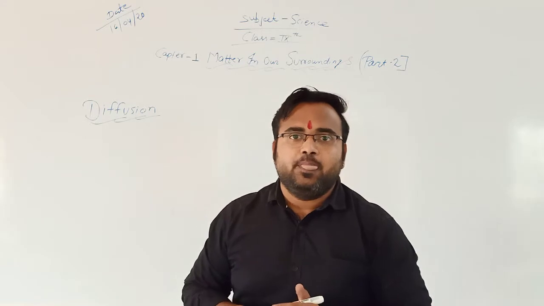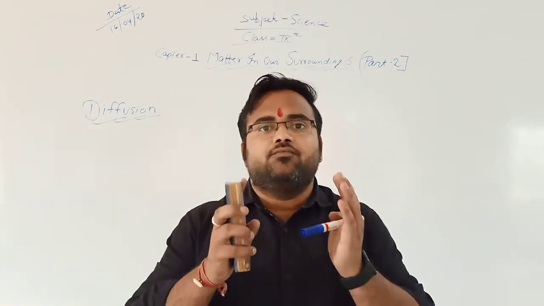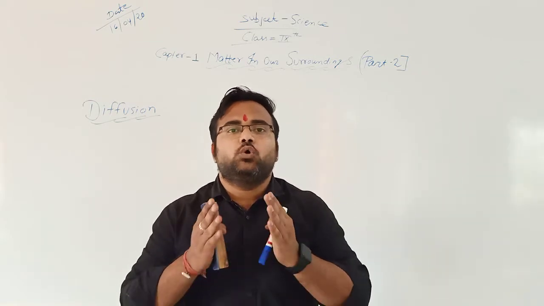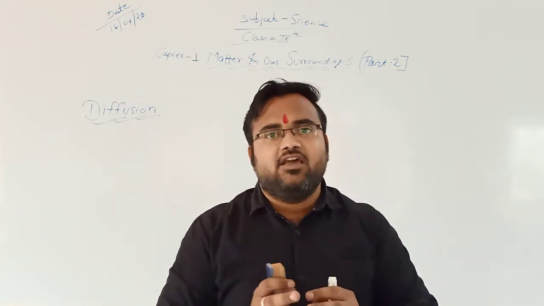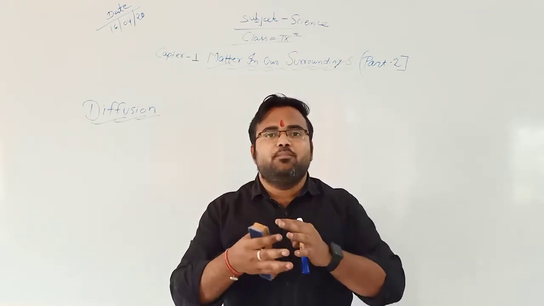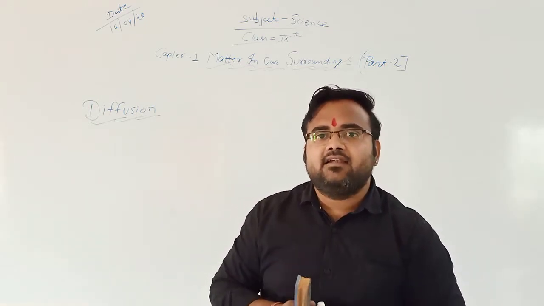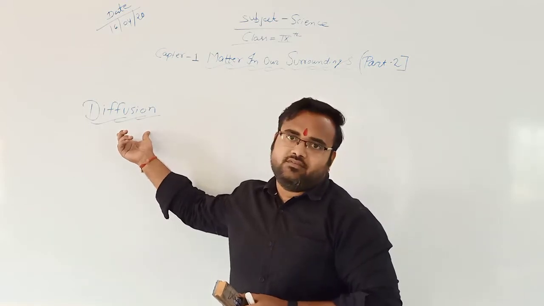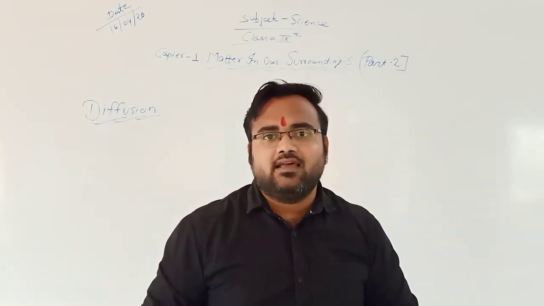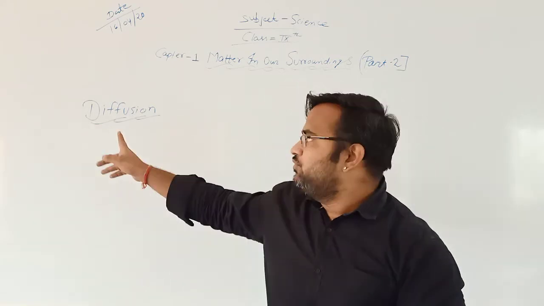For example, fog particles mix with each other due to the collision of air particles. When air particles collide with the fog particles, they mix with each other, and that concept is known as diffusion. For example, one gas is mixed with another gas by diffusion.